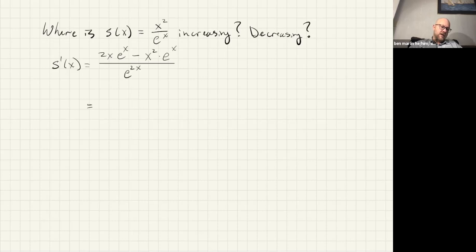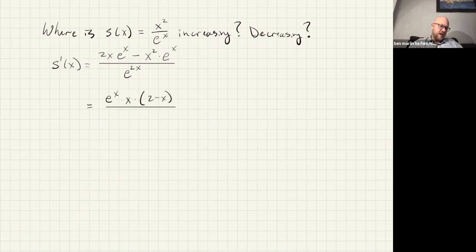Now, if we want to figure out where it's increasing or decreasing, we're going to have to, you guessed it, find out where it's 0. So we want to factor out an e to the x from the top, and it looks like we can also factor out an x, and then a 2 minus x, okay?